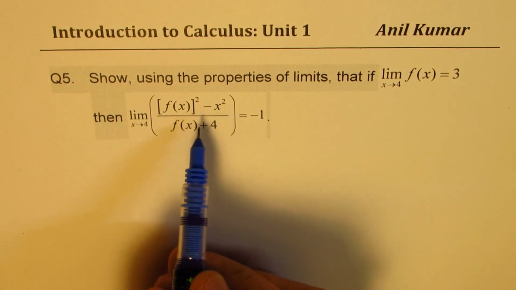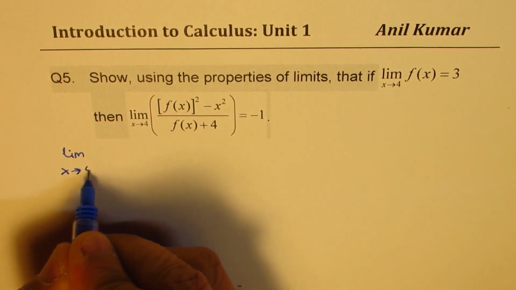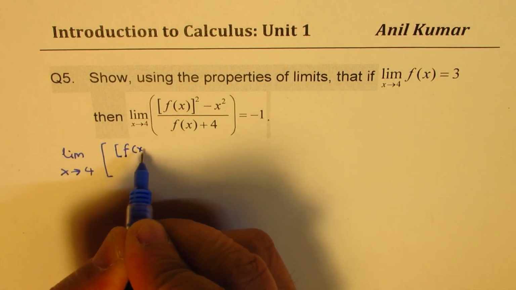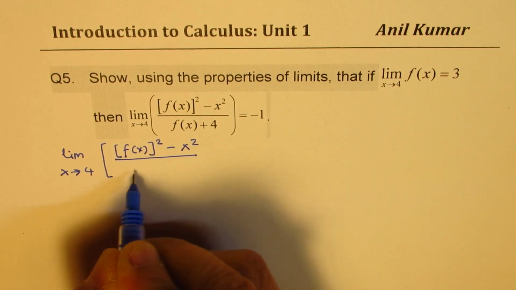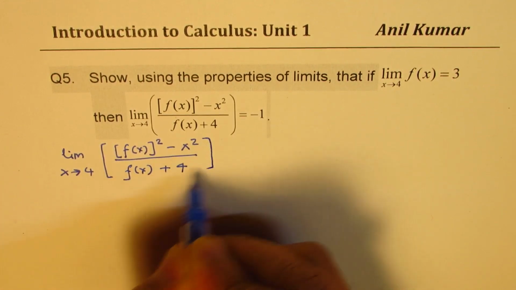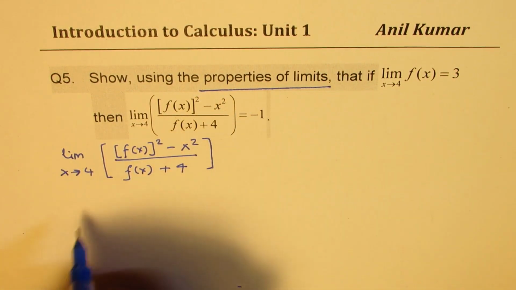So let's begin with this complicated function, which is limit x approaches 4 of (f of x) whole square minus x square over f of x plus 4. Perfect. We will apply the properties of limits to find our solution.